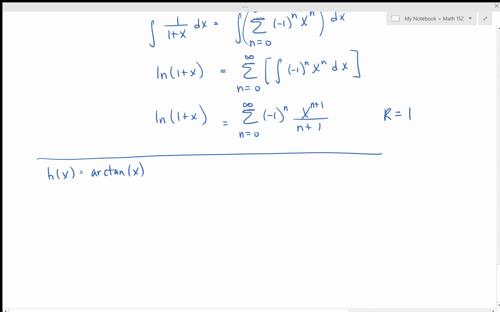So the first thing I'm going to note is that if I were to take the derivative, I would get this function here. The derivative of the arctangent is this here. Okay. Oh, that makes me feel good because I recognize immediately that I can get a power series representation for this via substitution on the geometric series.